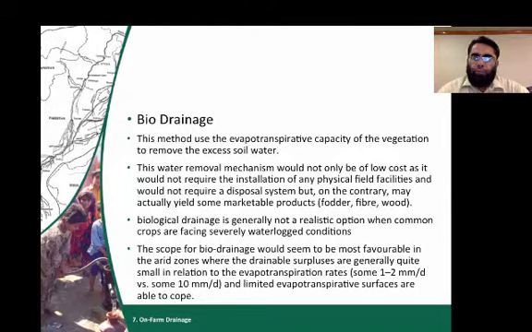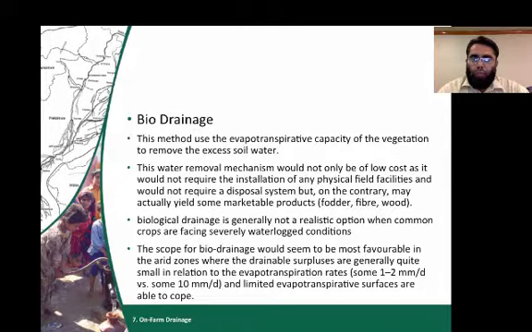But the problem with biological drainage is that it's not successful when crops are facing severe waterlogging problem, because in that case their roots will be destroyed and they will not survive.